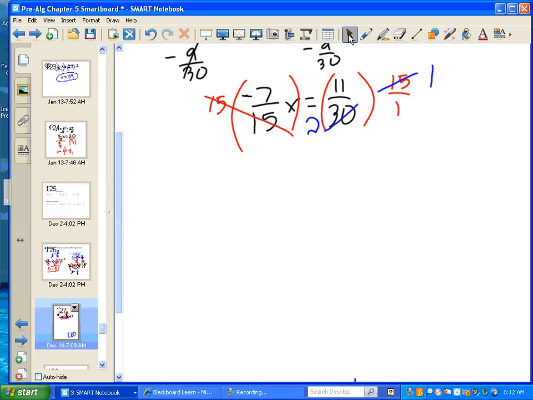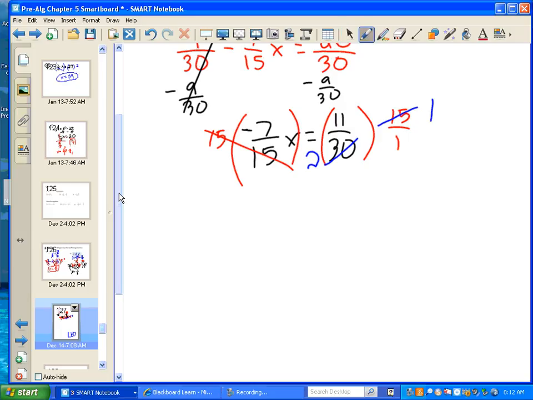Okay, so Drew, you're fine doing it this way. Multiplying across the top, across the bottom for the way that you did it, we have 11 over 2, which is equal to negative 7x. Now when you divide both sides by negative 7, is that what you did next? Okay, that's why.